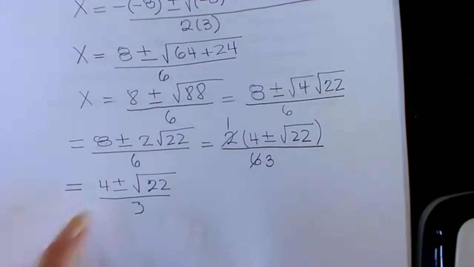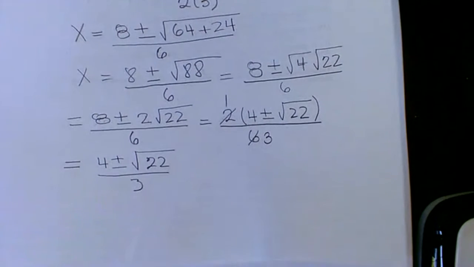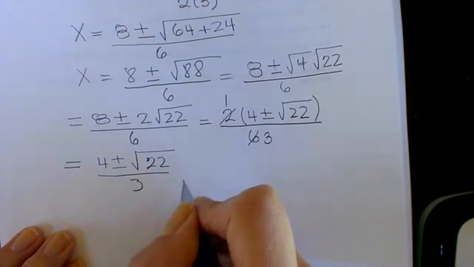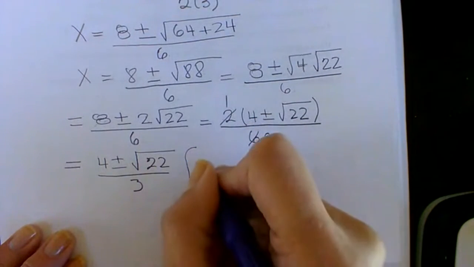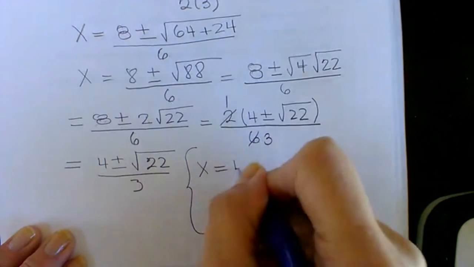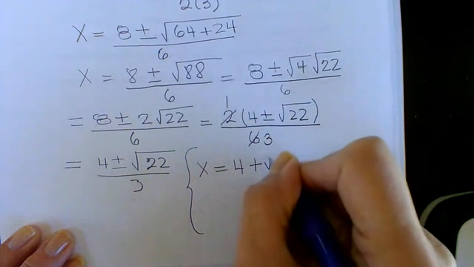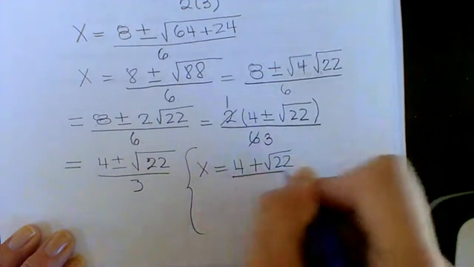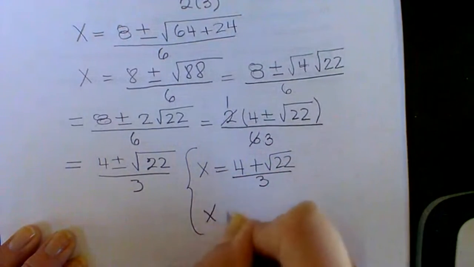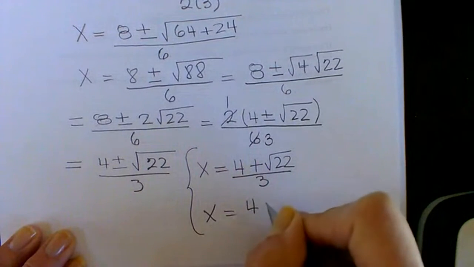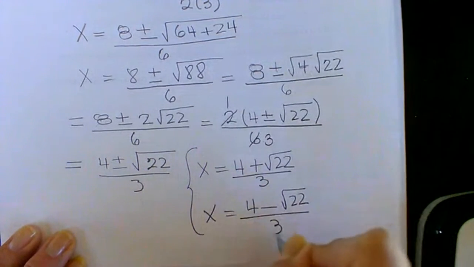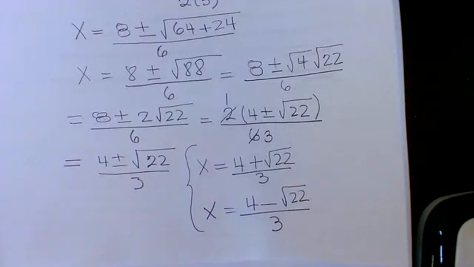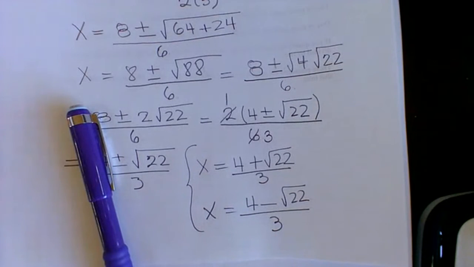So this is what I have left. From here, I'm going to have two answers. One is going to be 4 plus the square root of 22 divided by 3, and the other one is going to be 4 minus the square root of 22 divided by 3. All right.